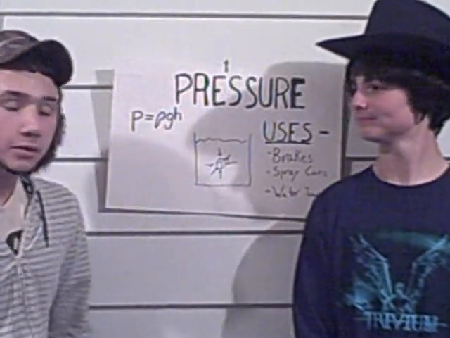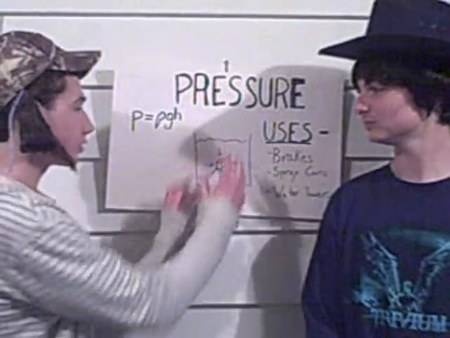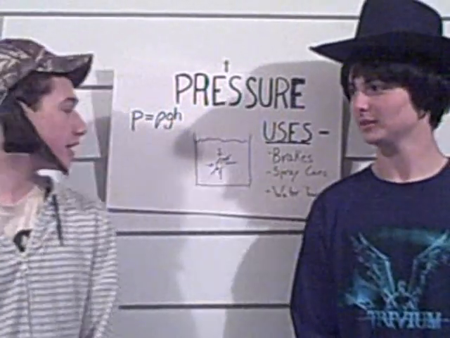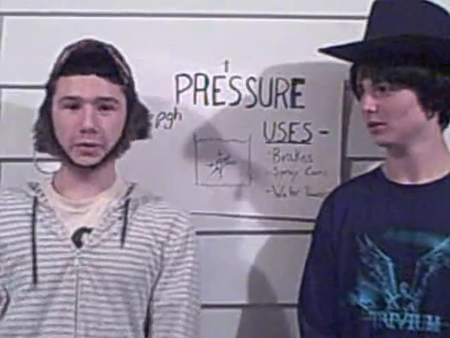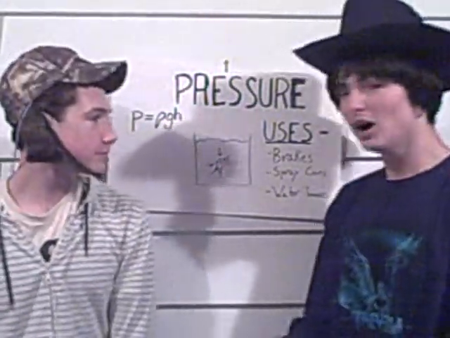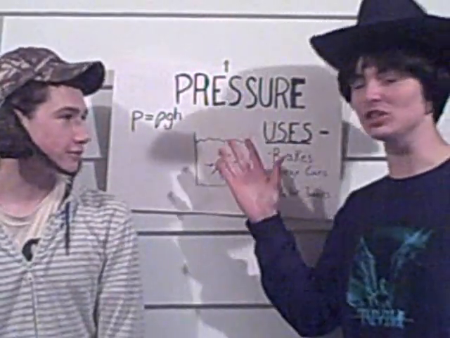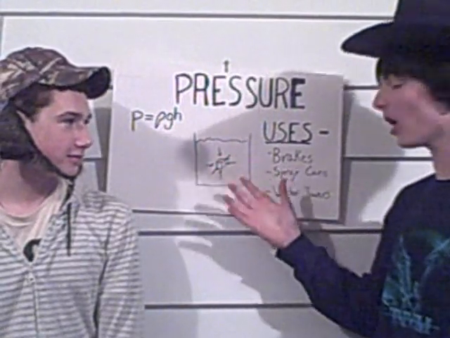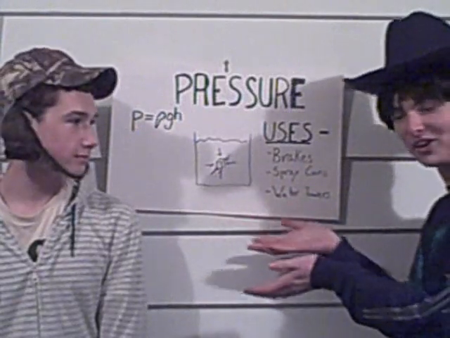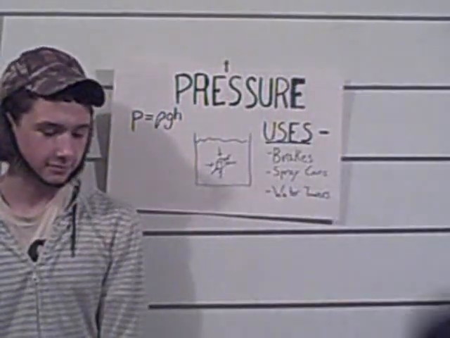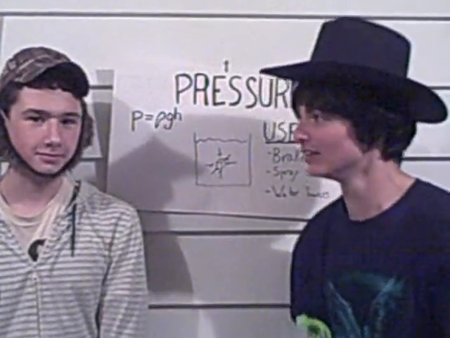As seen here, pressure is exerted in all directions on an object, and fluids will always flow from high to low pressure. The real-life applications of pressure are brakes, spray cans, water towers, and the super soaker!